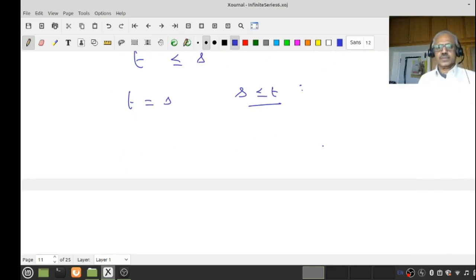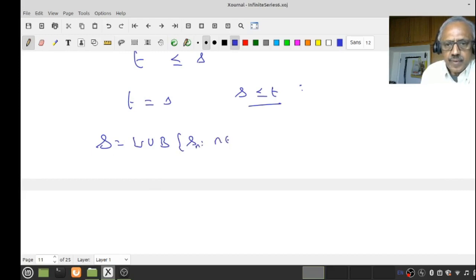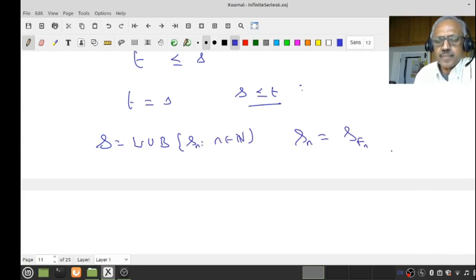Let us look at it. What is S? S is the LUB of the S_n's, the partial sums. Now S_n is nothing other than S of F_n. F_n is a finite set, therefore this number belongs to that set.